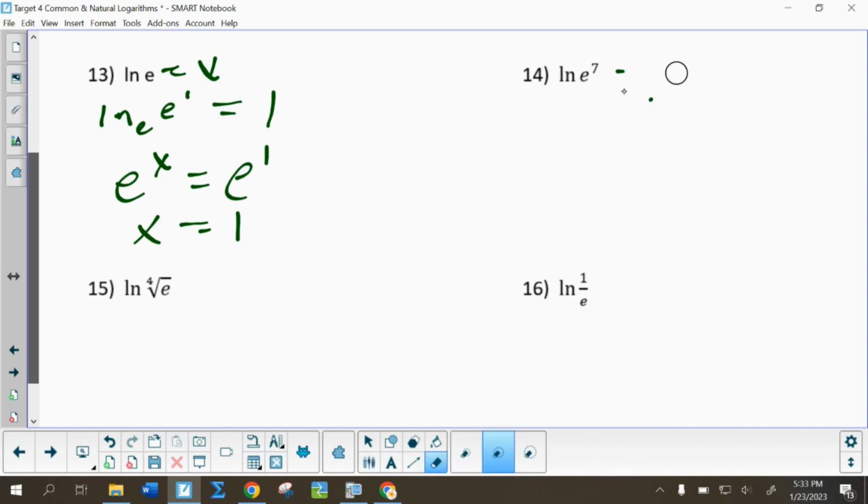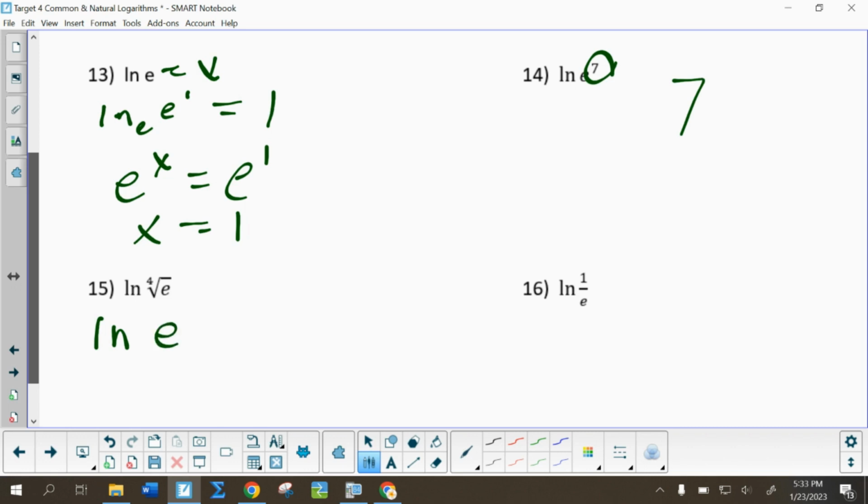Okay, so hopefully maybe this problem you don't have to do with it equal to x, and you can just tell that this power is the answer because the bases are the same. So the answer here is 7. This one I need to rewrite as e to the 1/4 power, which literally means that 1/4 is the answer.